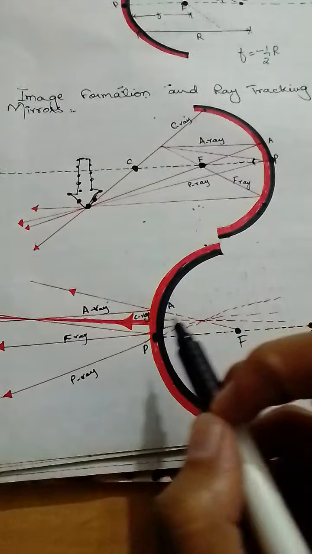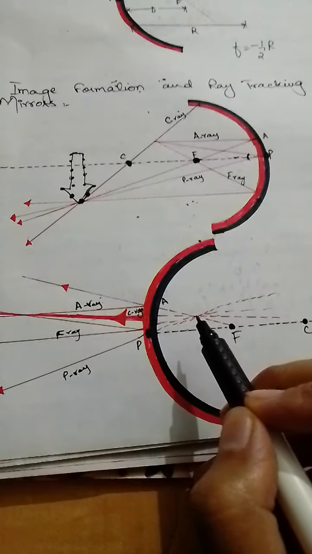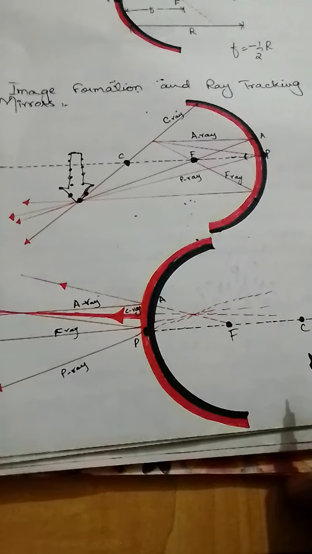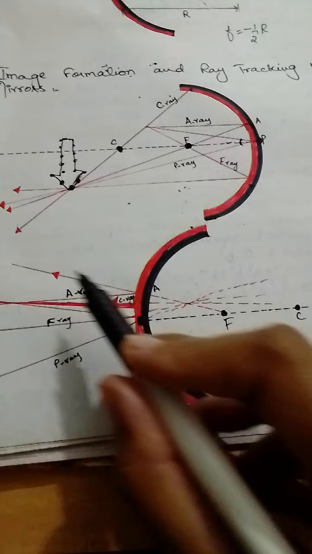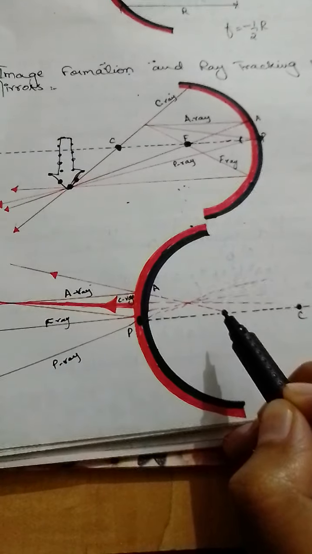So what would we do in case of a convex mirror? We redraw this reflected ray here, and when we redraw the reflected ray, we will see it again passes through the focus.